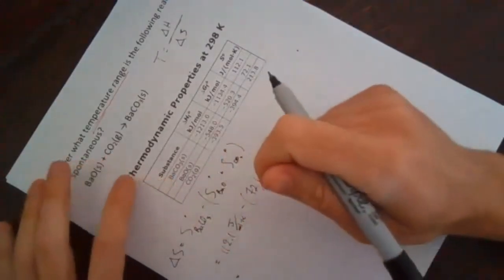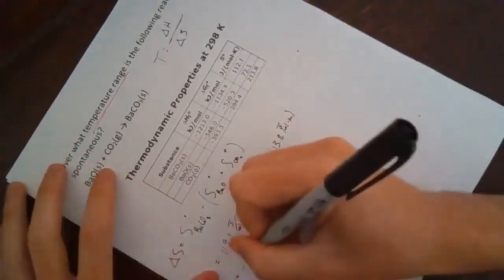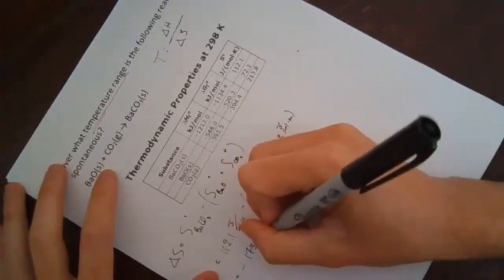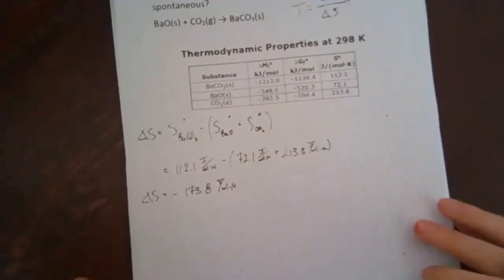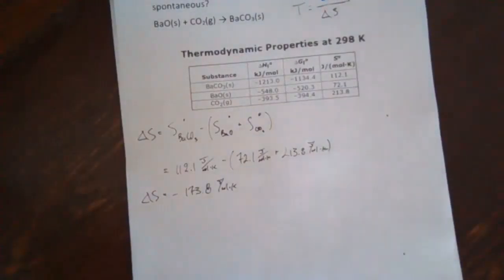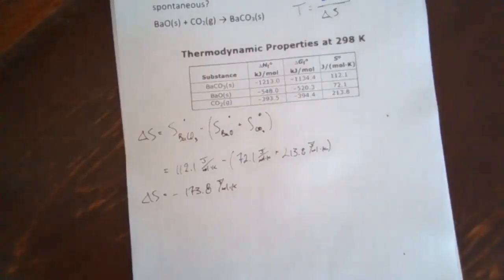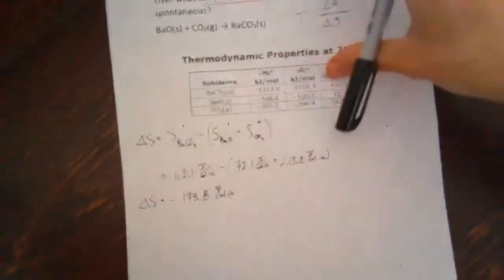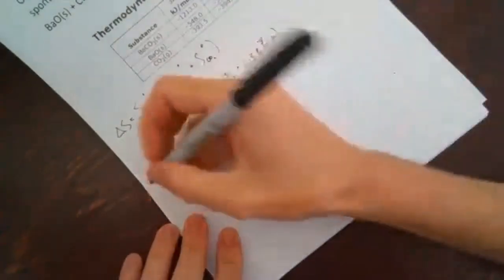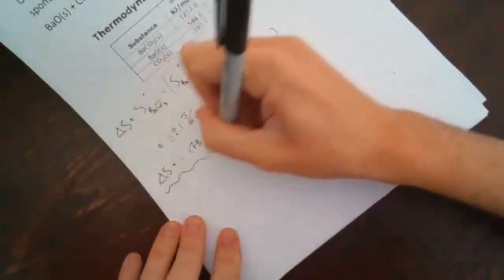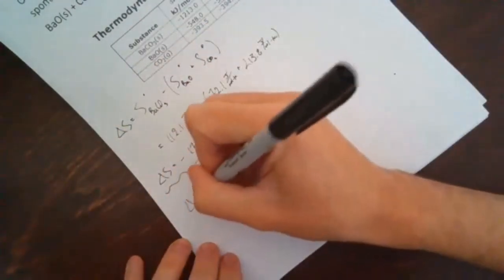Delta S is going to be equal to negative 173.8 joules per mole Kelvin. So these are types of calculations we've seen previously, sticking with using our tabulated information. So that's delta S.